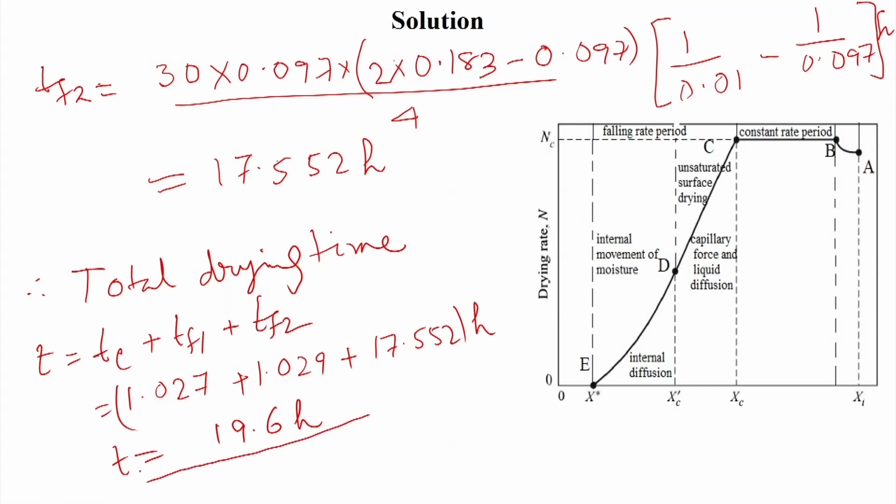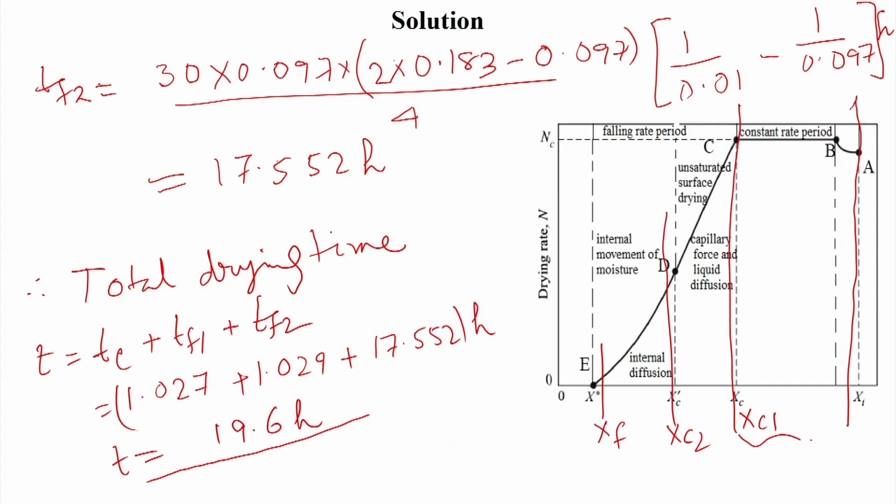Here we see, out of these three drying times, the first from xi to xc1 takes only 1.027 hour, then from xc1 to xc2 takes 1.029 hours, but from xc2 to xf it took 17.552 hours.